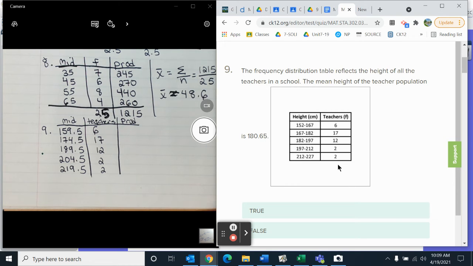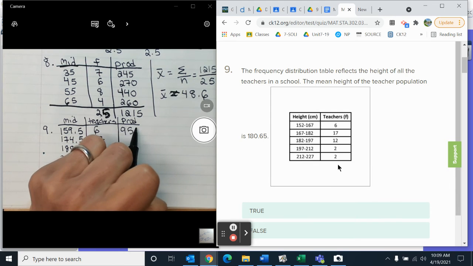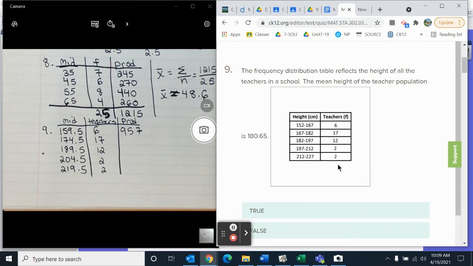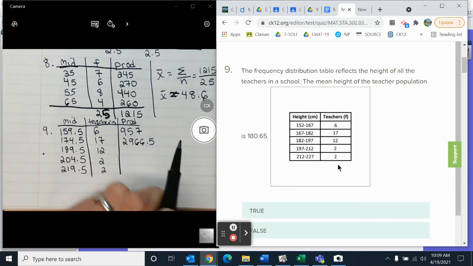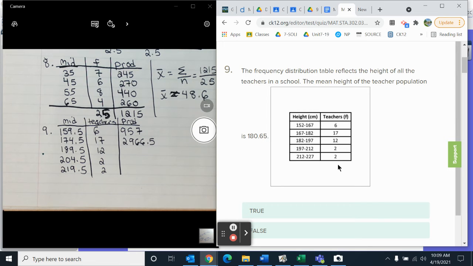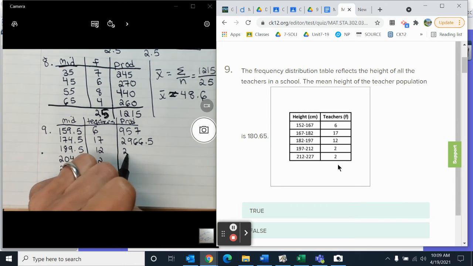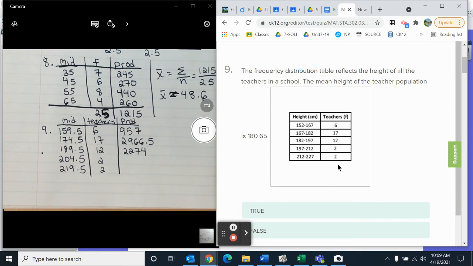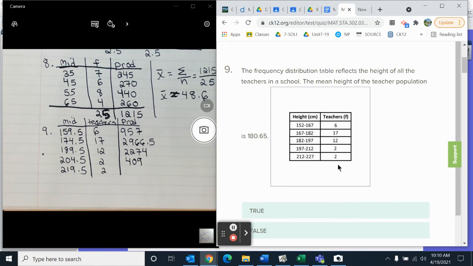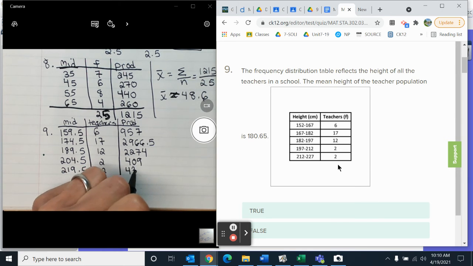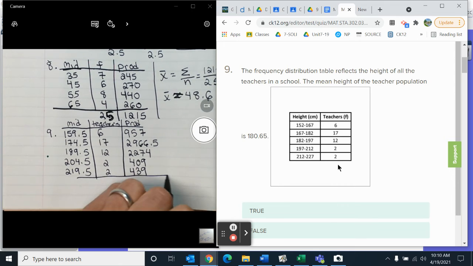And then our product: 159.5 times 6, 174.5 times 17, 189.5 times 12, 204.5 times 2, 219.5 times 2, and then let's find the sum.